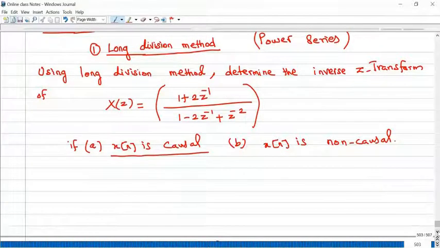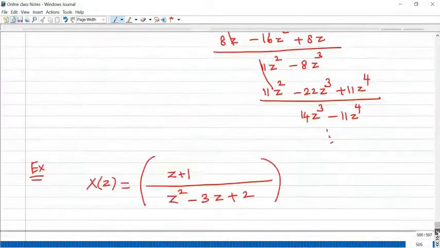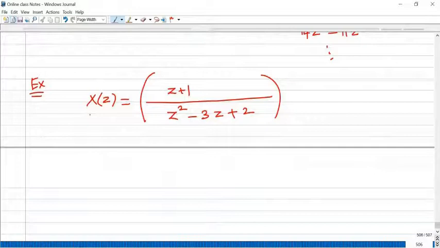Follow this procedure, the first problem procedure. Even though x of z is given in z or z square format, you convert the given x of z to the first problem format.